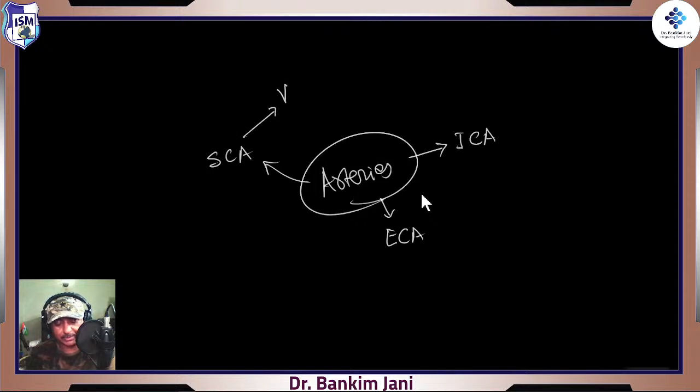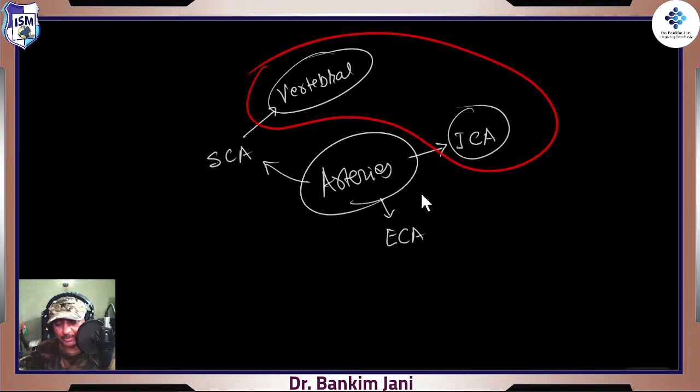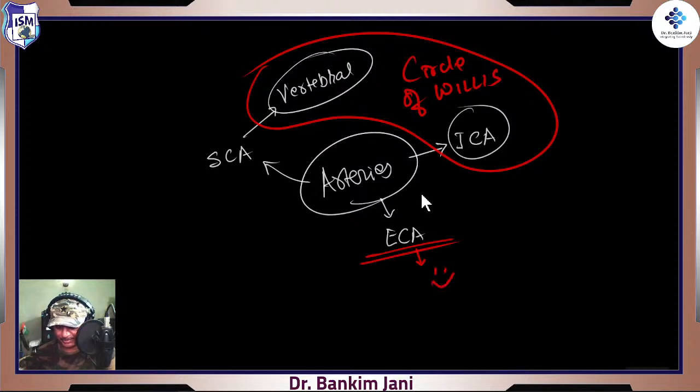Here the subclavian gives the vertebral artery, so we'll take care of that. The internal carotid will take part too, so both of them will form the circle of Willis. And here is the external carotid, which will give lots and lots of branches, but we'll summarize all of them onto one single page, so that would be easy. Let's start.